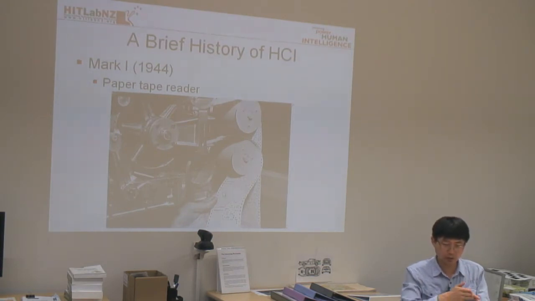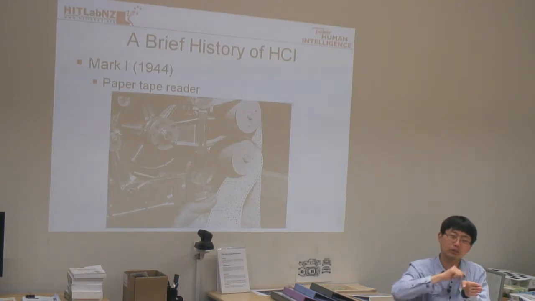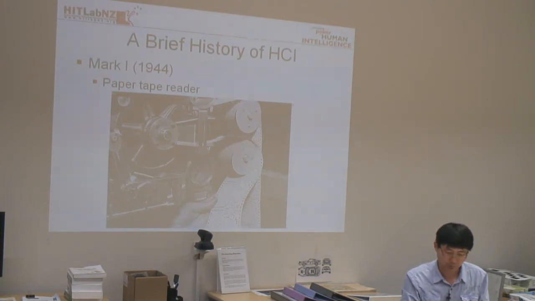Some of them also used a card deck, so you had to have hundreds of cards punched or even marked in black ink to be read into the computer, and then get the results back, usually in printed form on paper.